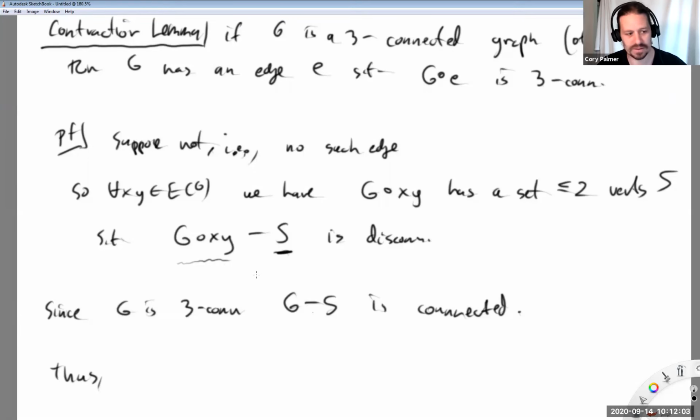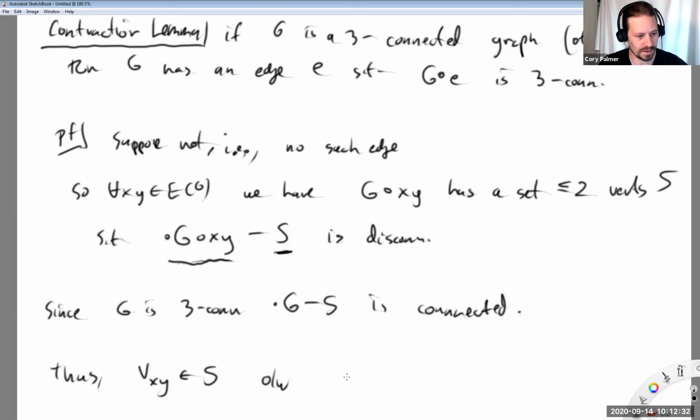But it didn't disconnect G, but it does disconnect this one. So what's the difference between G contract XY and G? That new vertex that's been introduced, the contraction vertex, that's got to be in S. If it's not in S, then S would be good enough to disconnect G, which it doesn't. So the new vertex, V sub XY, has got to be in S.